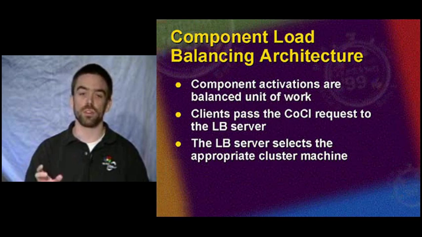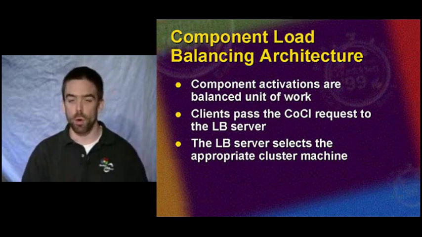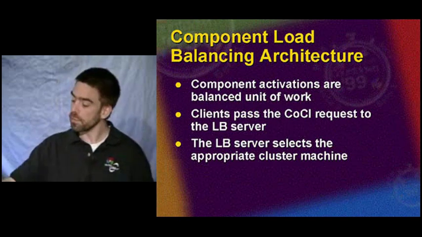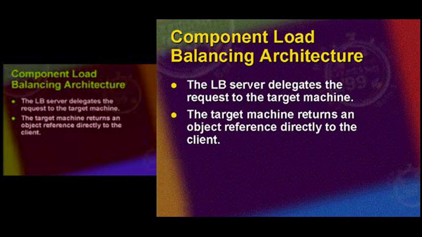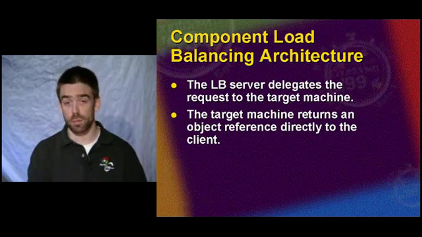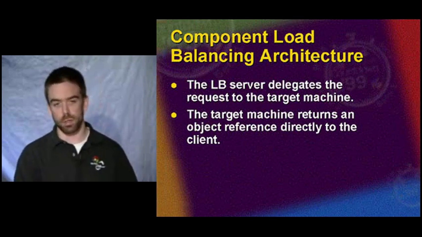Then the load balancing server selects the appropriate cluster machine. Now, what I mean by appropriate, I'll describe in more detail when I talk about the actual algorithm. The load balancing server then delegates this request to the target machine, and the target machine returns an object reference directly to the client, so the load balancing server, or the router, is no longer involved.